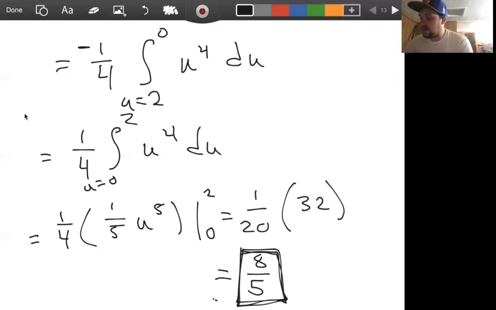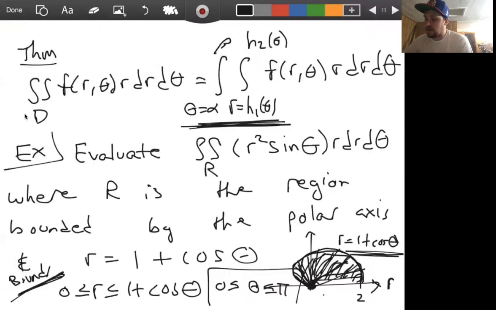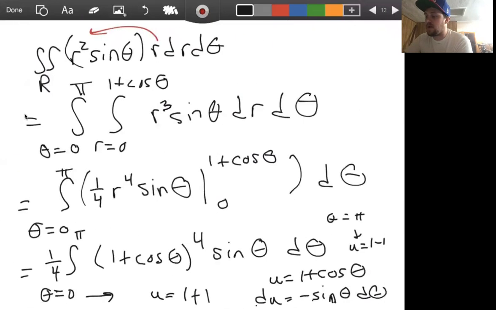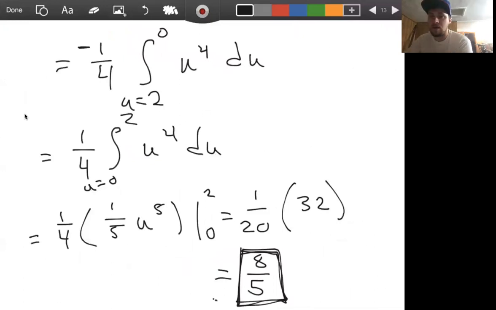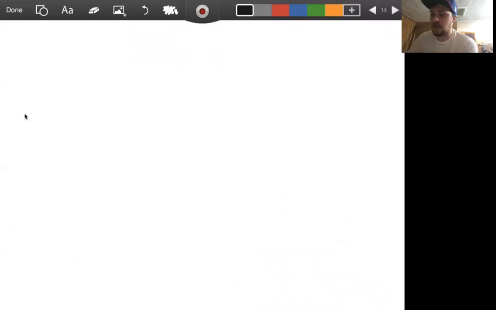And so this is the idea of how we can integrate over a general region now, right, where you can have upper and lower bounds for r being functions of theta instead of just constant numbers. Okay.